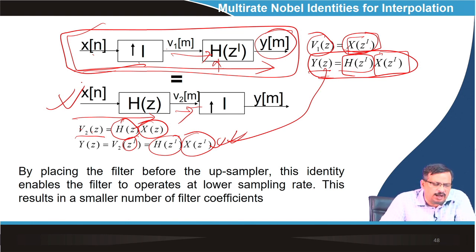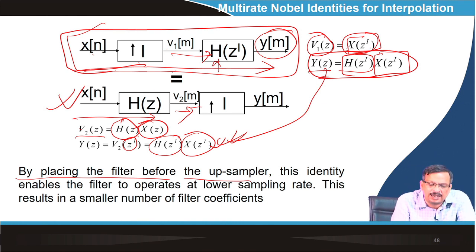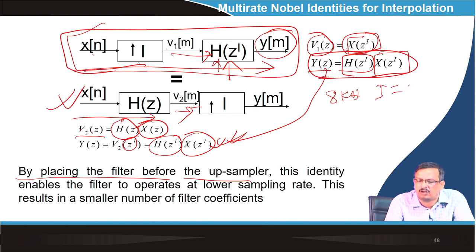So, why do I require this? If I place the filter before the upsampler, the sampling frequency increases, so I have to operate the filter at a high frequency. Let us say I have a signal at 8 kilohertz and upsampling factor I equal to 3.